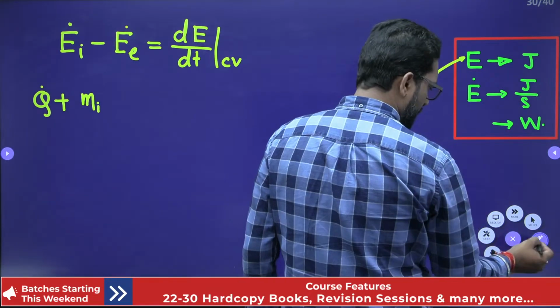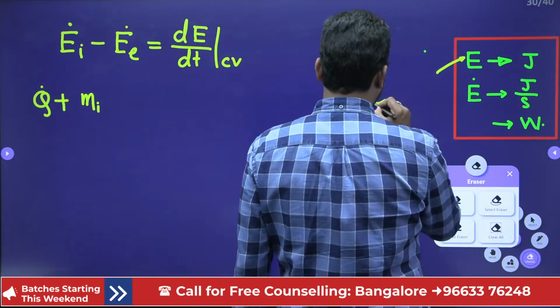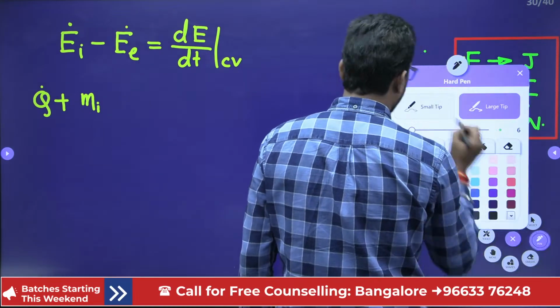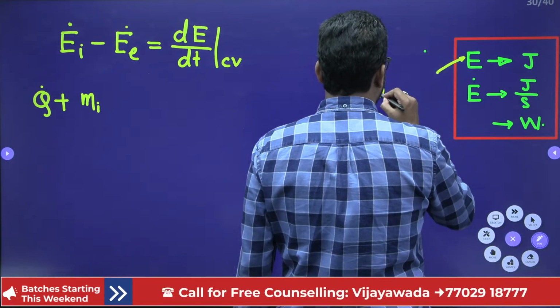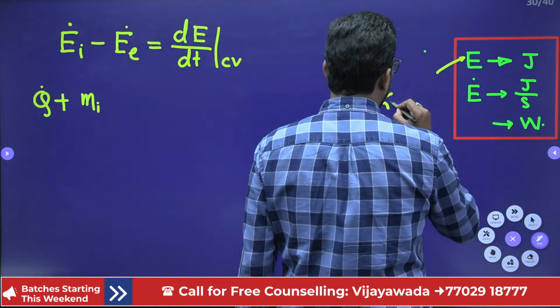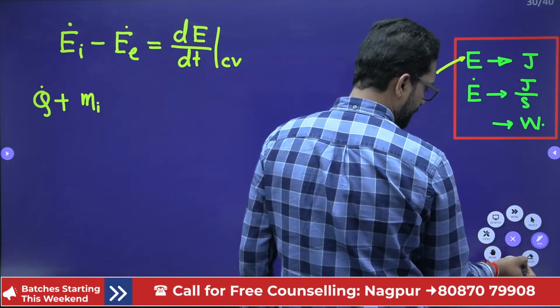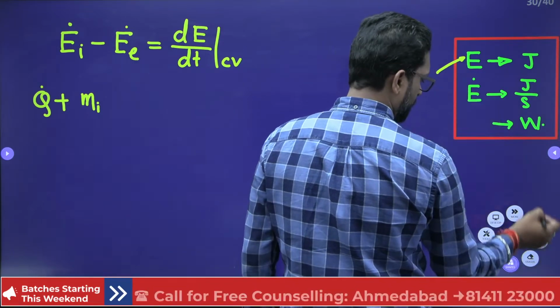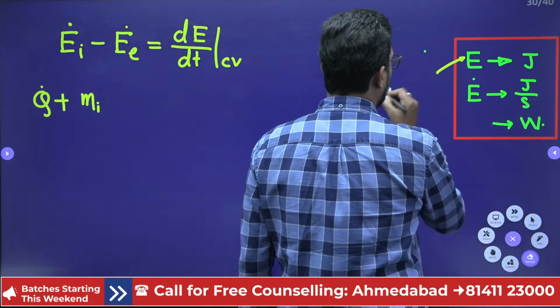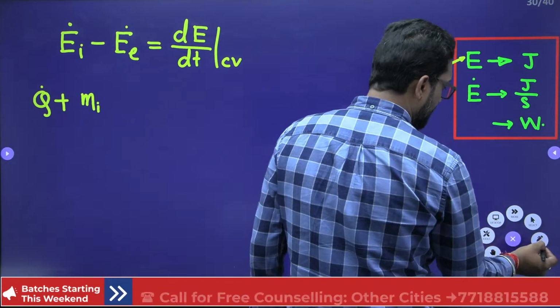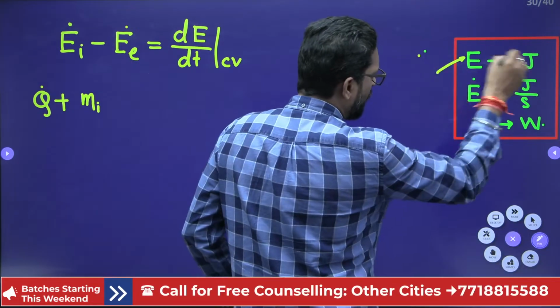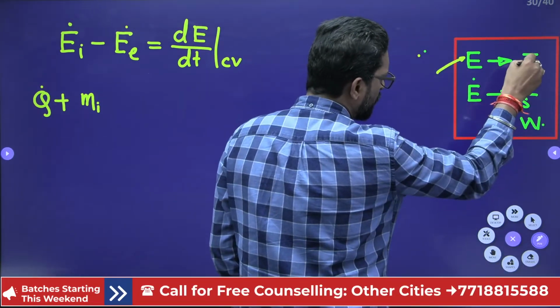That means if there is a flow, theta, that means E by m. This is important. What is E here? This E is the energy, and this is not joule.